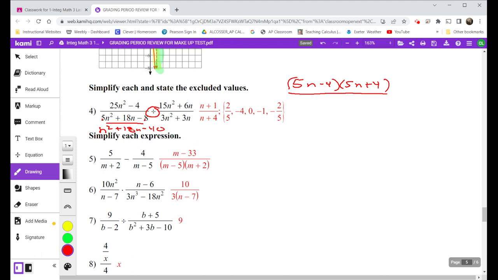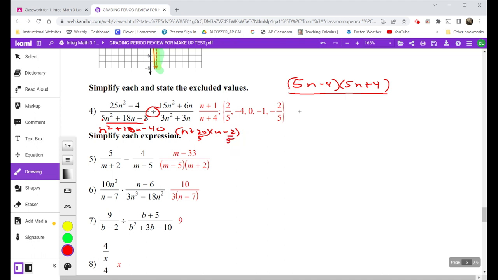And so what multiplies together to make 40, but adds to make 18? We're going to do 2 and negative 20. So we're going to do n plus 20 and n minus 2. That's going to be the bottom, but since I multiplied by 5, I have to divide by 5. So this one is divided by 5, and this one is divided by 5.